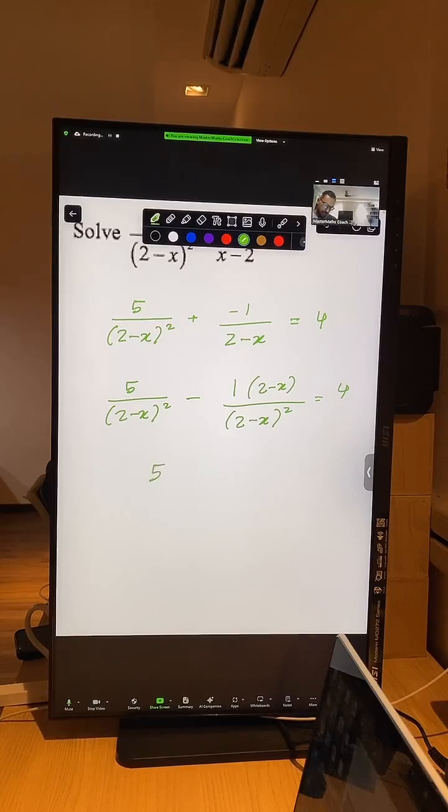So this will give me 5 minus 1 times 2, which is 2, 1 times minus x is minus x, and minus minus means plus x, over (2 minus x) squared equals 4.